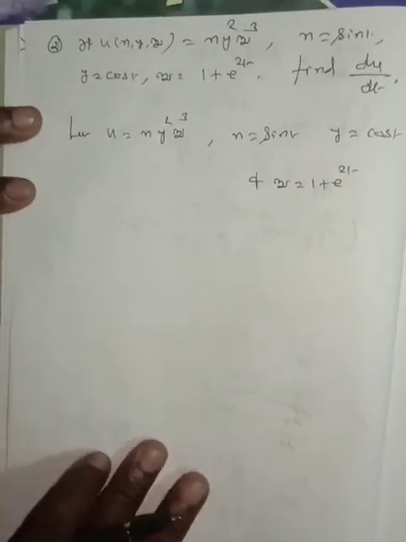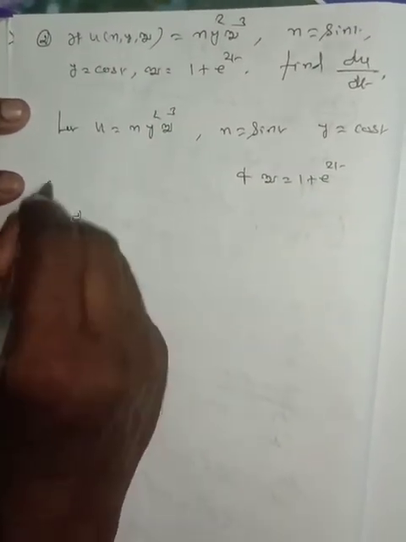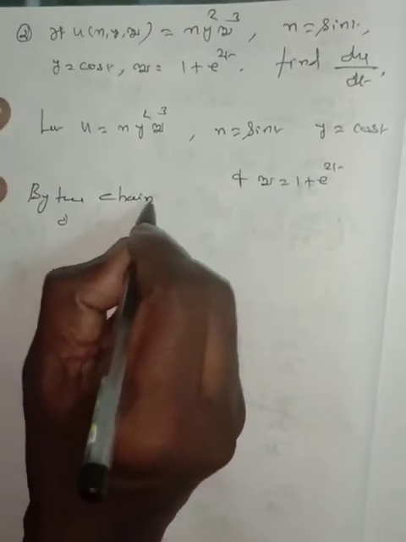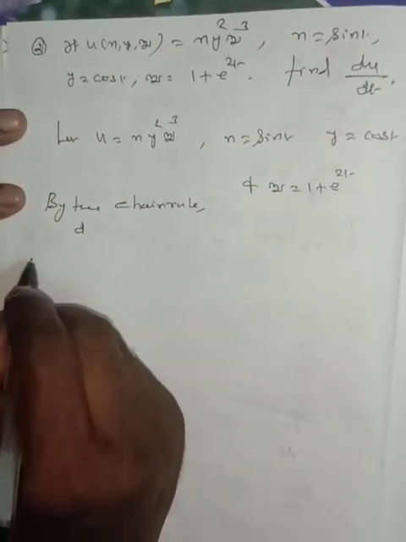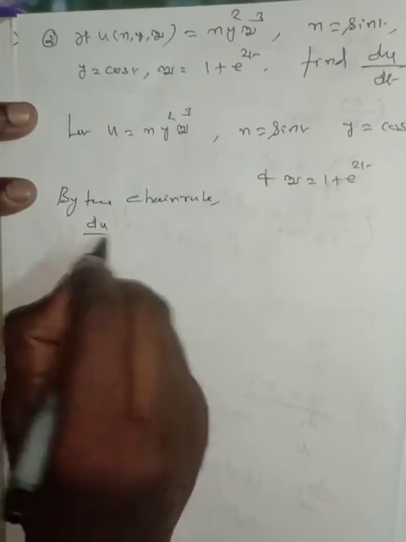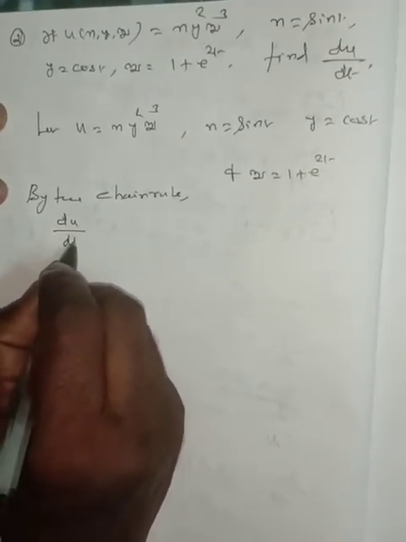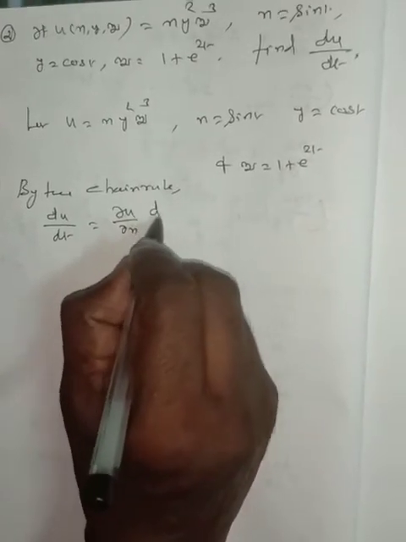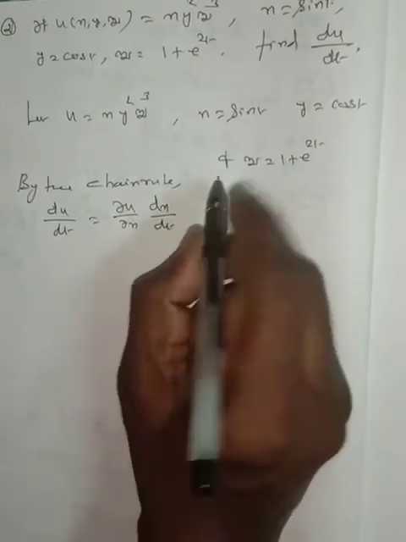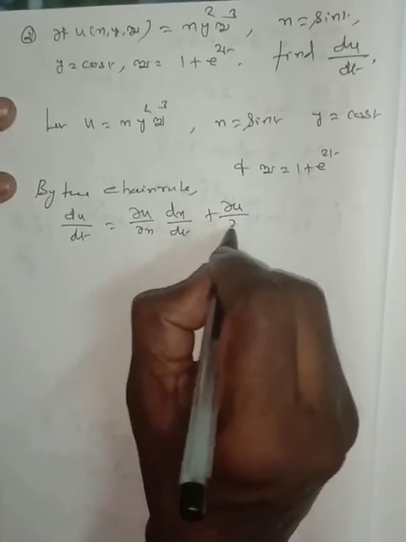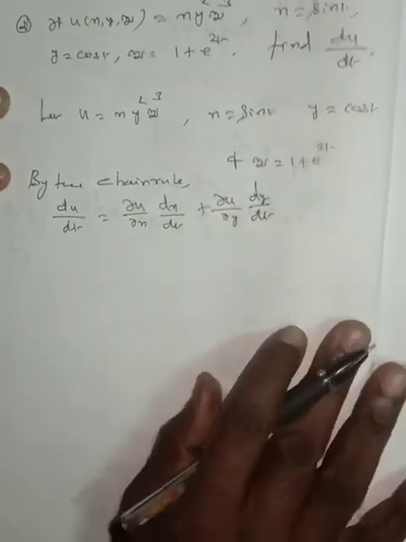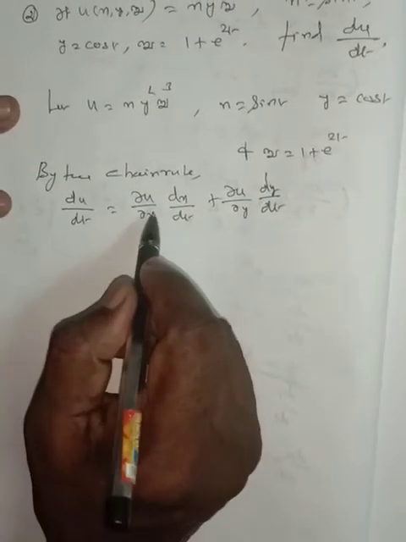The chain rule is du by dt is equal to dou u by dou x dx by dt plus dou u by dou y dy by dt. First find dou u by dou x.